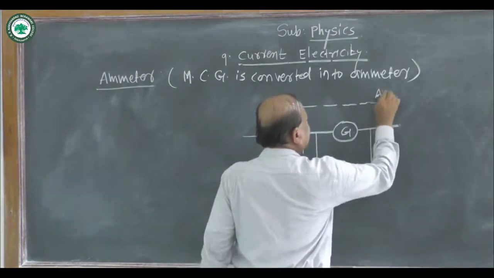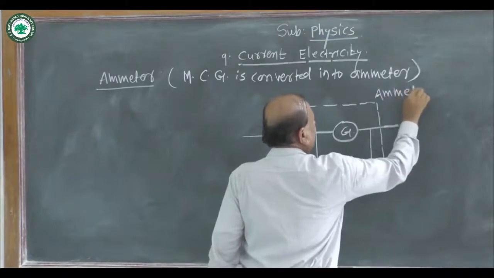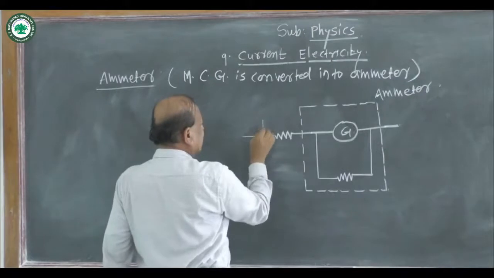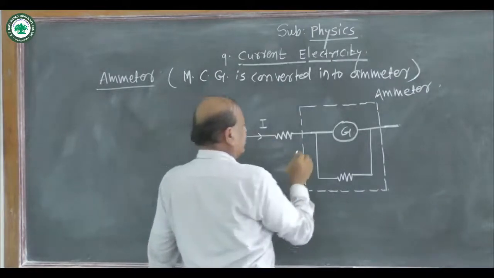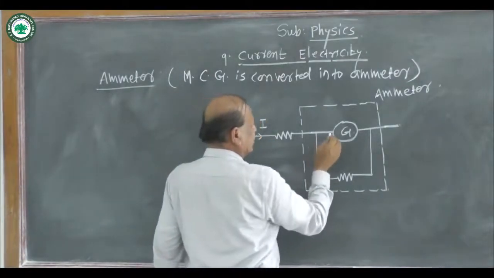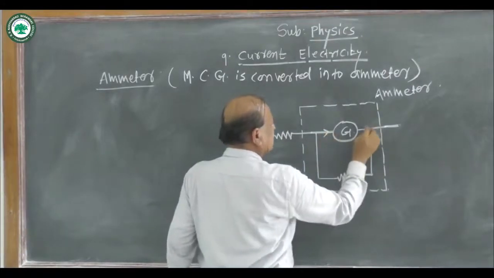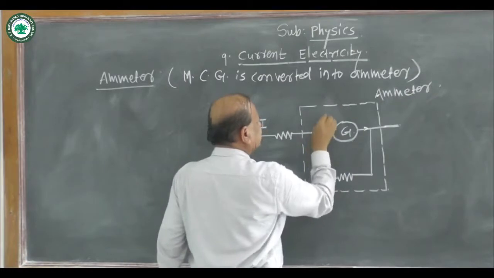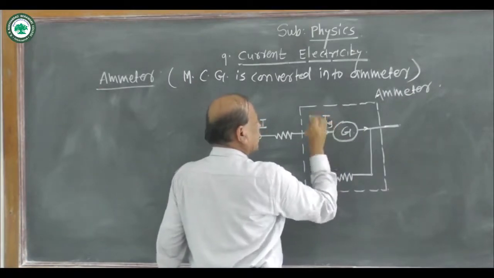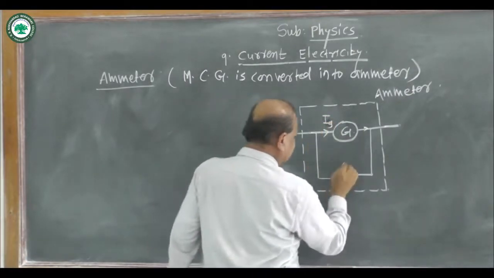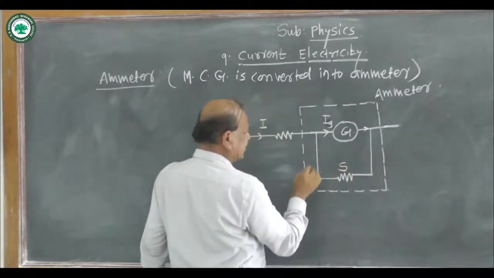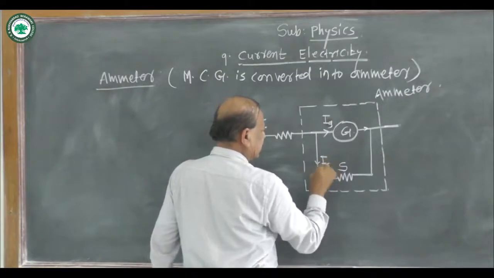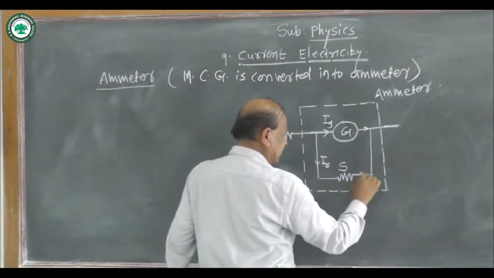This is the ammeter. Here I is the current. Now here is the distribution of current. Current flowing through this galvanometer is Ig, and current flowing through this shunt resistance S is Is, which is directed like this one.